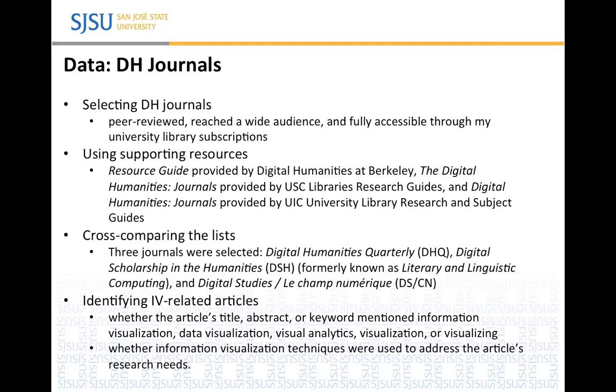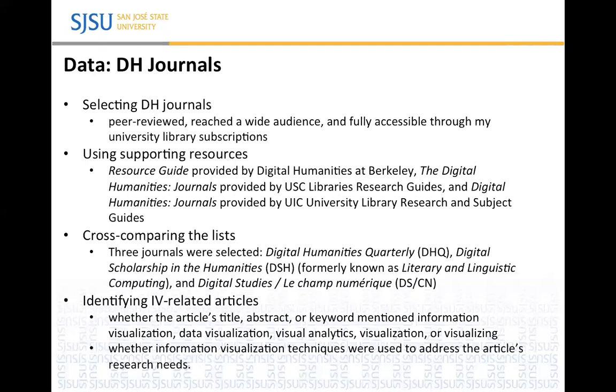And to aid in the decision-making process, several sources were referenced, including the resource guide provided by Digital Humanities at Berkeley, the Digital Humanities journals provided by USC Libraries Research Guides, and the Digital Humanities journals provided by UIC University Library Research and Subject Guides.